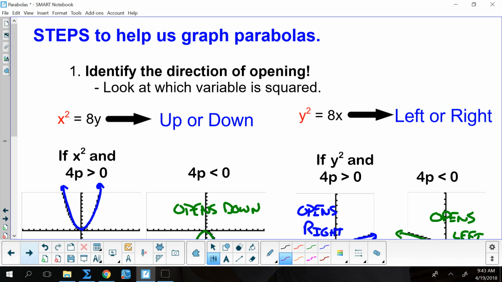So there are 2 things that you have to look at when you are trying to determine the direction of opening. The first thing you have to determine is which variable is squared. If x is squared, it opens up or it opens down. If y is squared, it's either going to open left or right. So that's the first thing you look for. You look for which variable is squared. If x is squared, it's up or down. If y is squared, it's left or right.